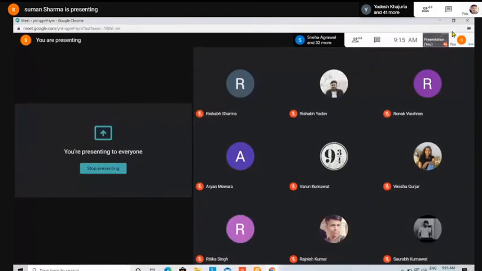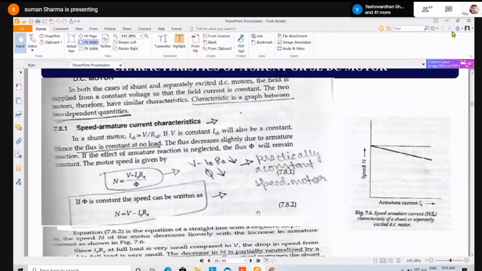Aryan? What is the expression for back EMF?